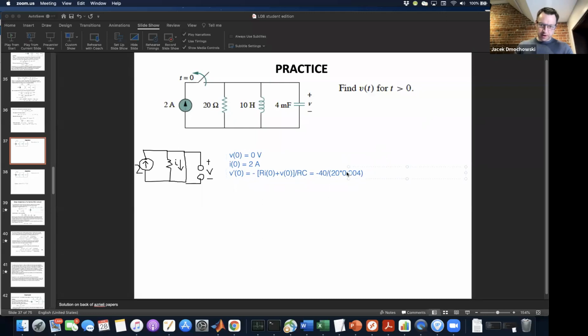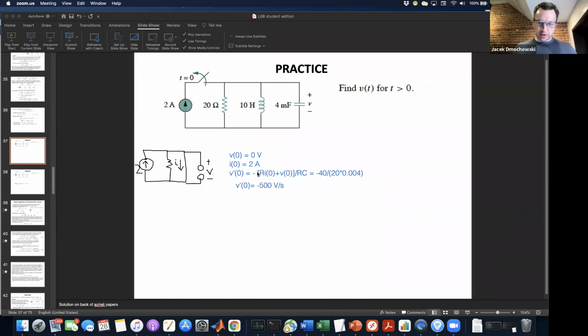You'll just have to take my word for it that the value of V prime 0 is equal to negative 500 volts per second. So it's a large value. In other words, the capacitor voltage is rapidly changing at time 0. That's what this equation is saying.